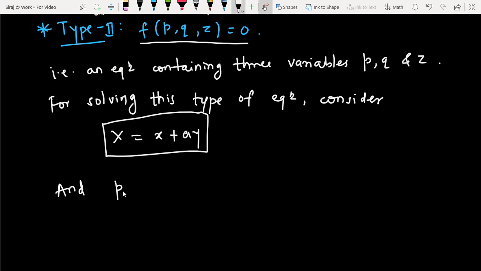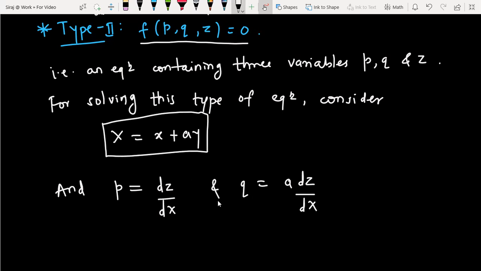So in this type, after using this substitution, capital X equal to small x plus a y, the value of p will change to dz by d capital X, and the value of q will change to a into dz by d capital X. So one thing which you have to remember, for solving a partial differential equation of the type f of p, q, z equal to 0, we have to consider capital X equal to small x plus a y. That is one substitution, and after changing the variable we have to change their derivatives also.